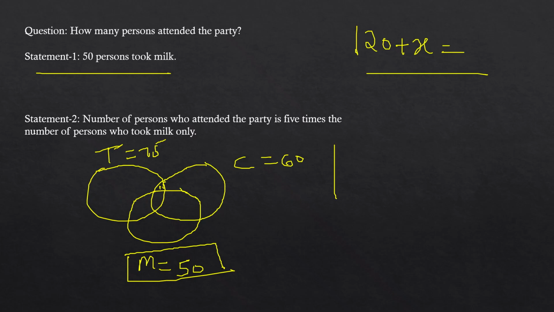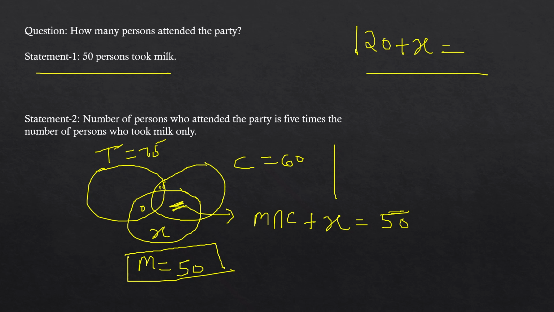So as we know that this is the X section, meaning persons who took only milk, and this portion is milk and coffee, and this is 0, plus X equal to 50. So with the help of only statement 1, we cannot find how many persons attended the party.